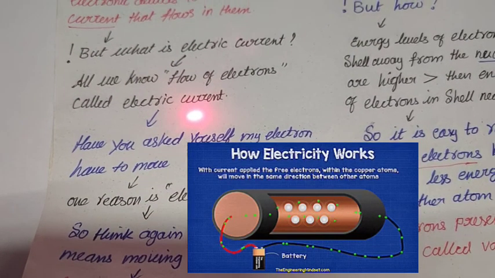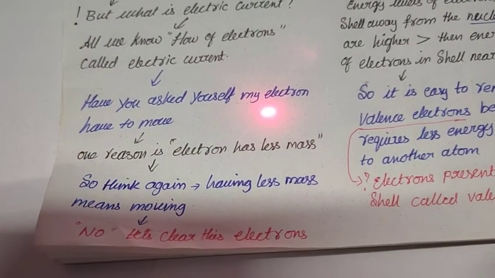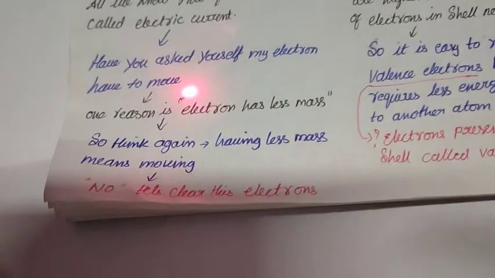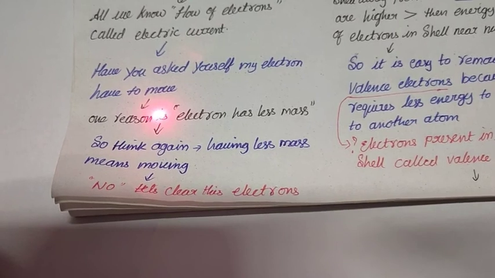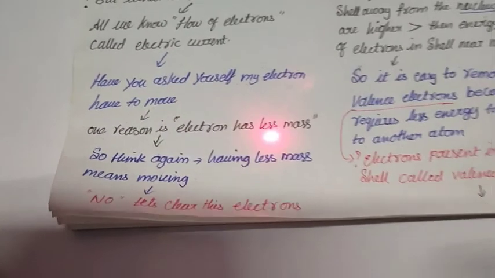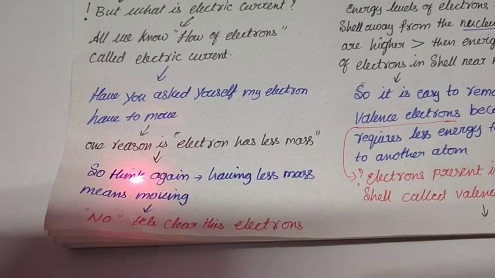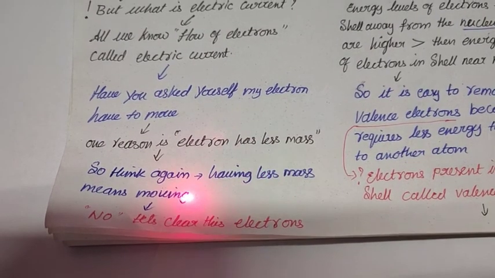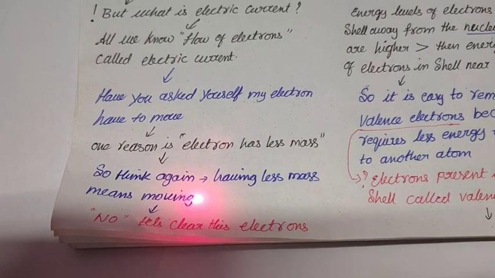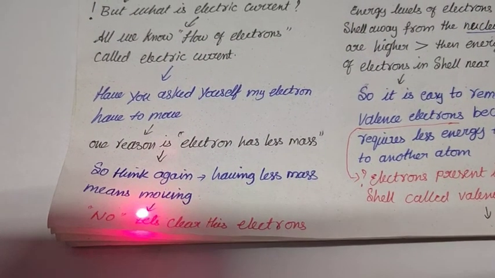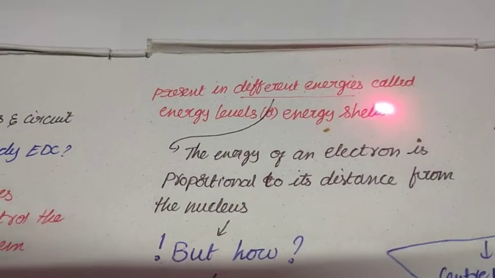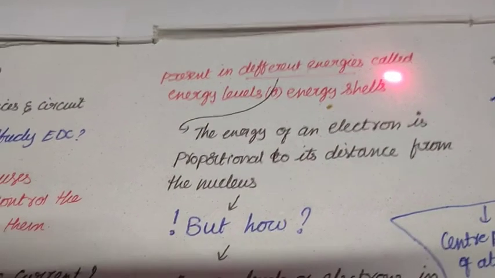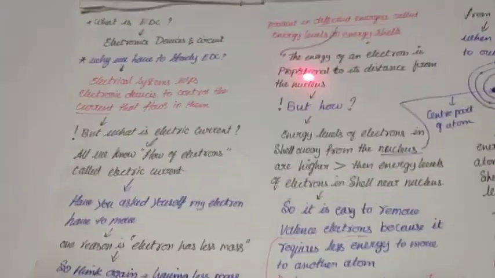That's it. Have you asked yourself why electrons have to move? So one reason is that the electron has less mass. So think again, having less mass means moving. Now, let's clear this. Electrons are present in different energies, called energy levels.